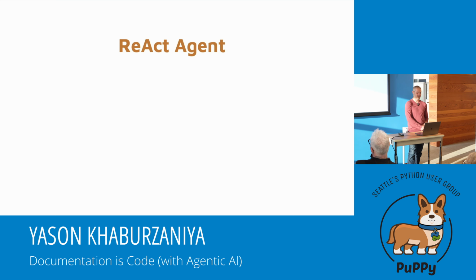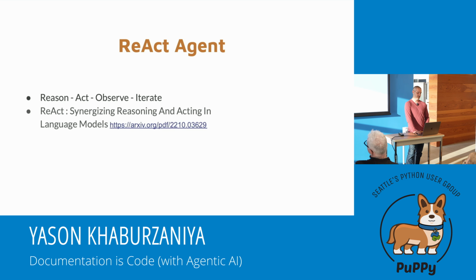So to accommodate some of these changing requirements, we decided that we want to use what's called a React agent, which is a reason, act, observe, iterate loop that was introduced about 3 years ago by this white paper, and it's made more accessible by tool calling support from LLM providers.